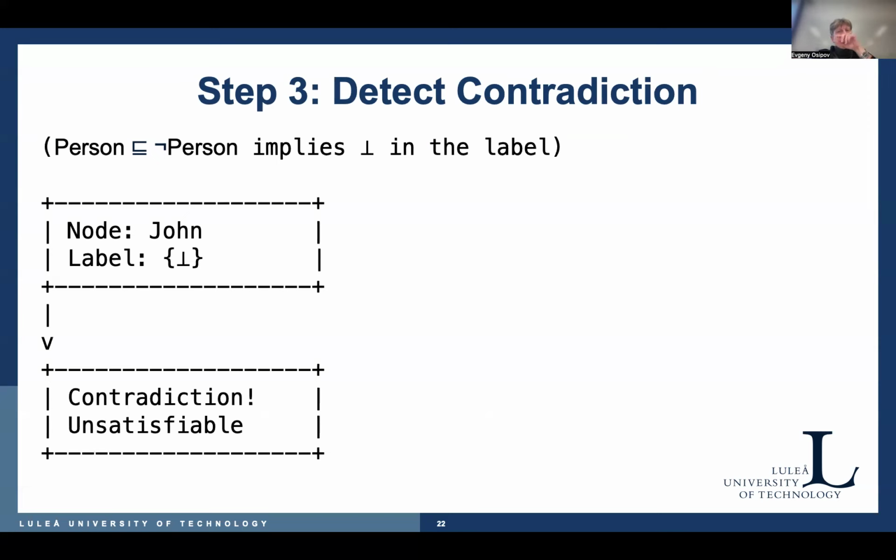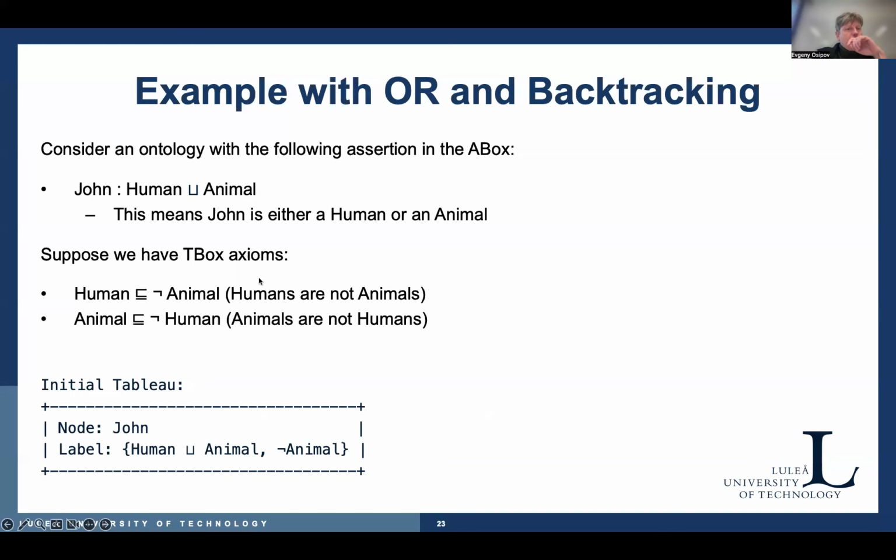So let's see maybe a somewhat more interesting example again. We have a statement about an individual assertion that John is either a human or an animal.